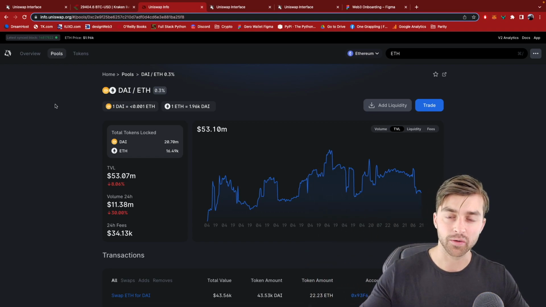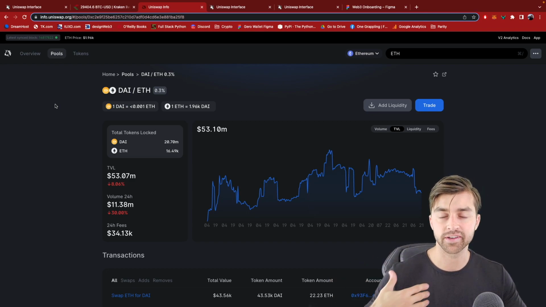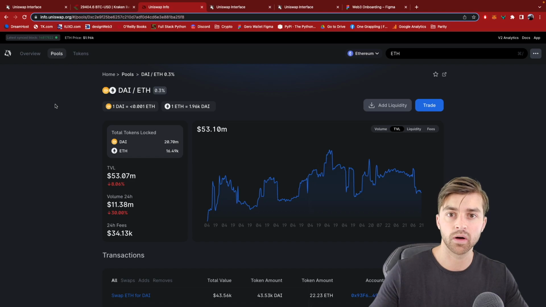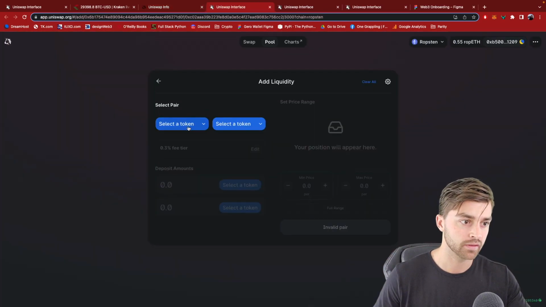Where do these tokens come from in the liquidity pools? They come from Web3 users just like you and me, who want to earn yield on their tokens. So let's say I have some ETH and DAI sitting in my wallet, and I want to earn yield on that. Then I can deposit those ETH and DAI tokens into a liquidity pool.